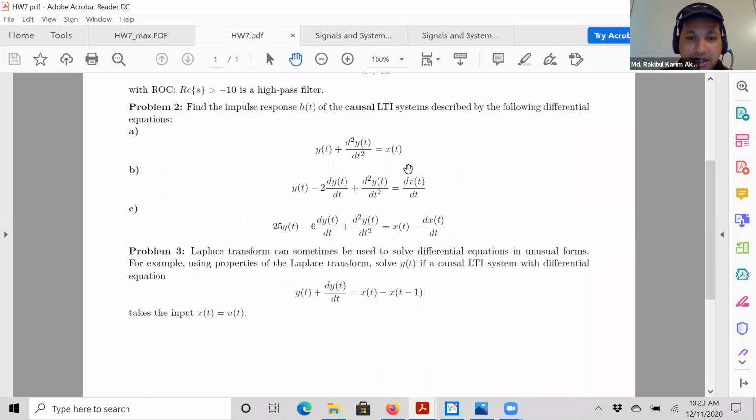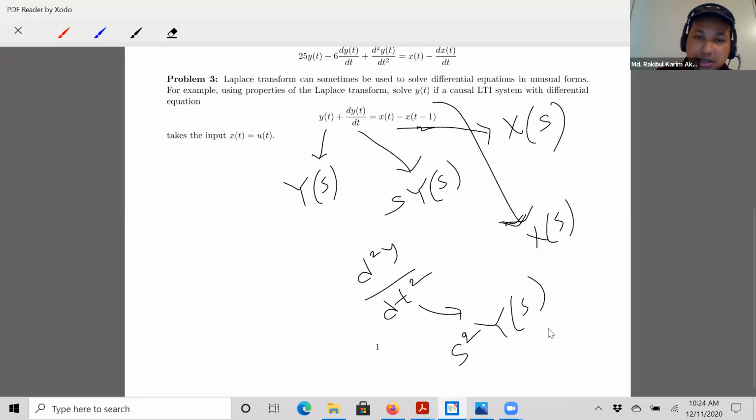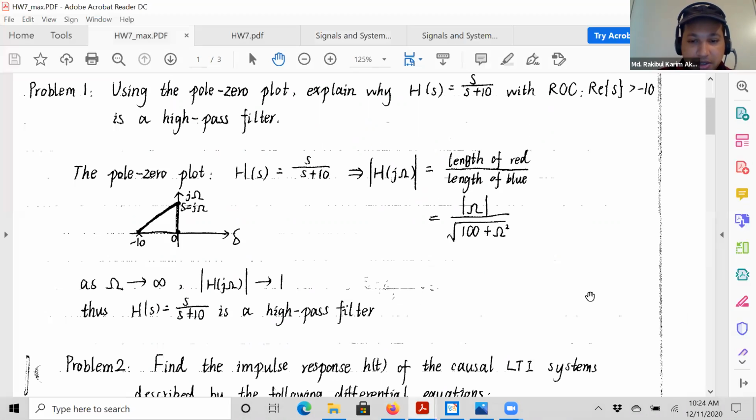Here it is minus 1, so you have to multiply with e to the power minus s. So for this part, you have to multiply with e to the power minus s. Okay, let's check whether I'm doing it right or not.